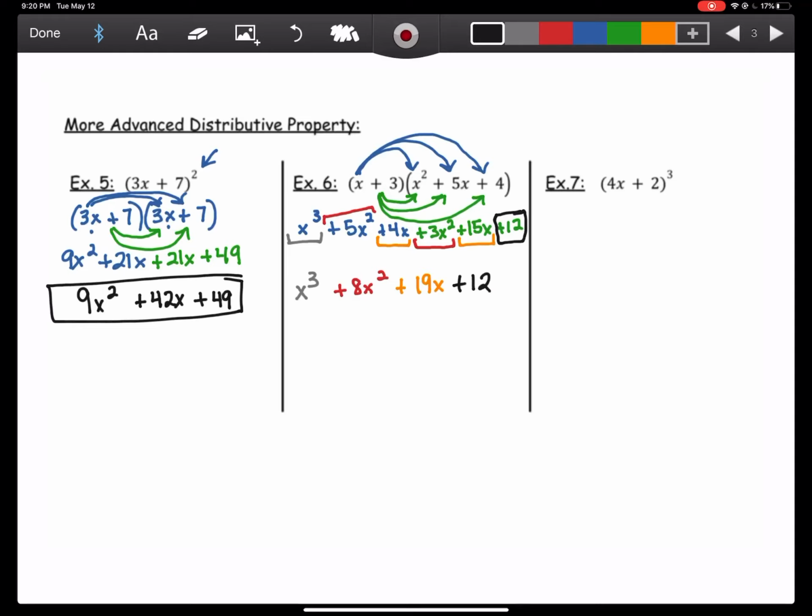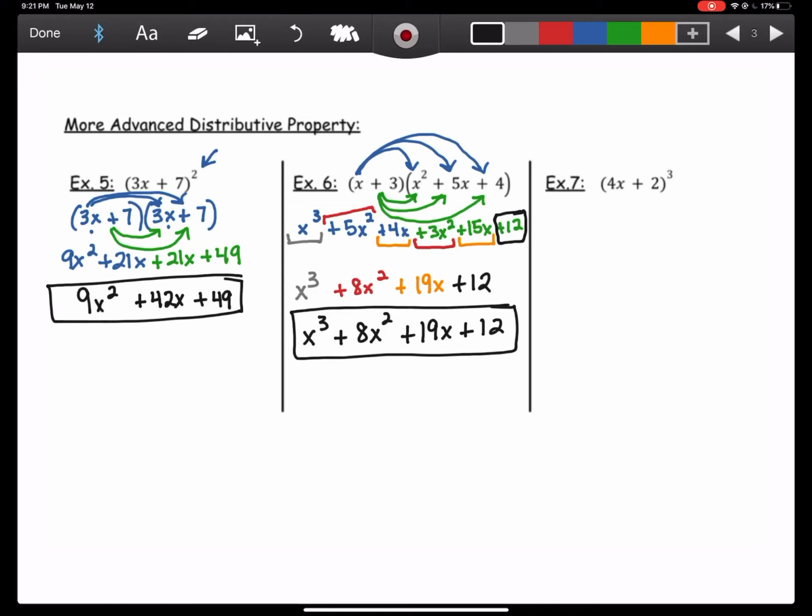So now we've accounted for all the terms. We just need to make sure that it's in descending order, which means the exponents go from greatest to least. They're already in there, and I'm just going to rewrite it all in one color. So x cubed plus 8x squared plus 19x plus 12. And that's the final answer.